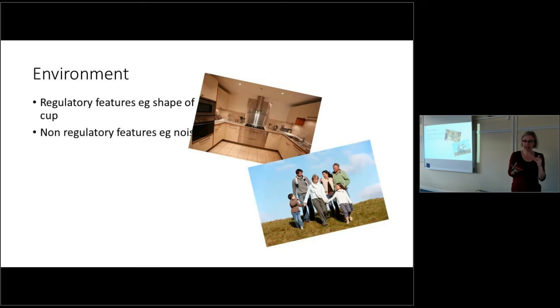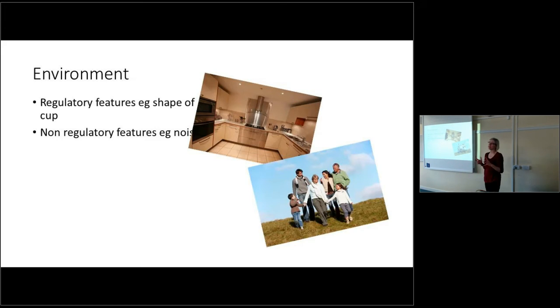Really what we're looking at here are two aspects of the environment: the regulatory features versus the non-regulatory features. The regulatory features are the elements of the environment that are absolutely essential for the movement, or will absolutely require you to interact with them for the movement.